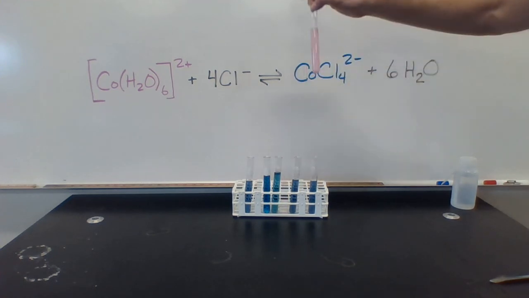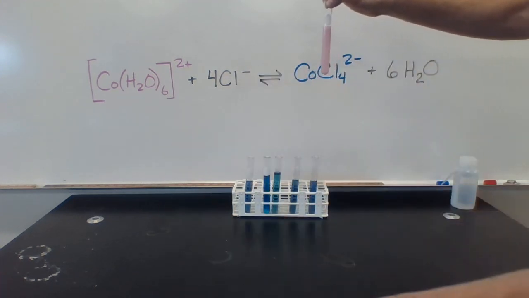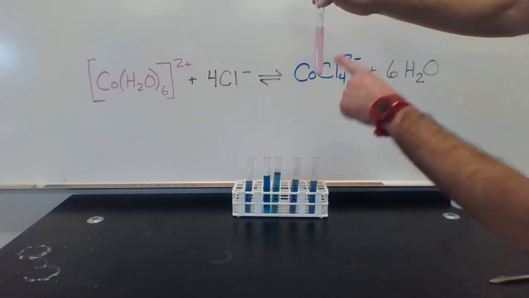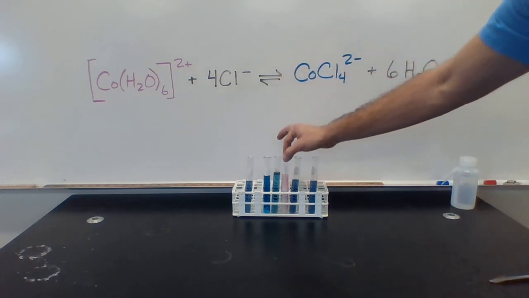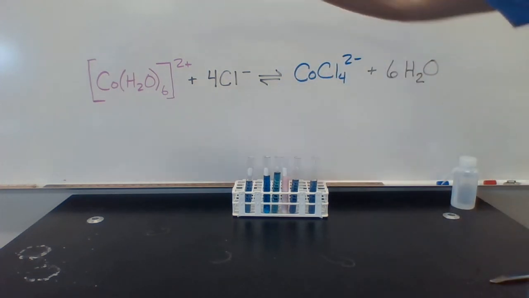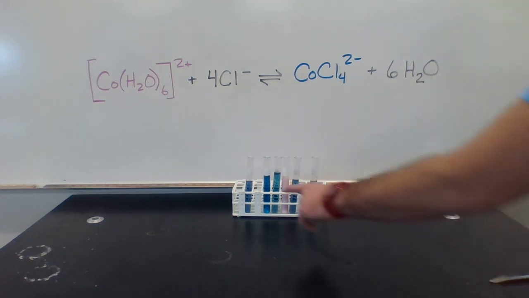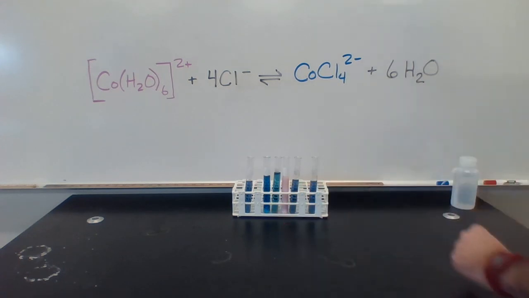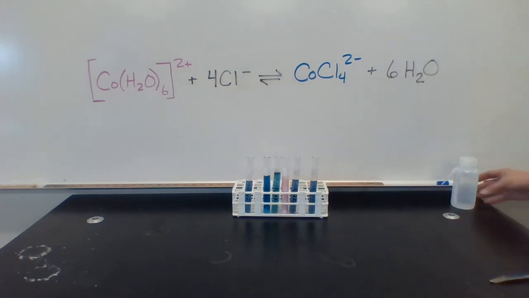What happened here is evidence of a shift as well. We think about that precipitate forming because the silver ion reacted with and precipitated with one of the species in this reaction. So we got a darker blue, kind of an intermediate blue, and a really nice cloudy pink.